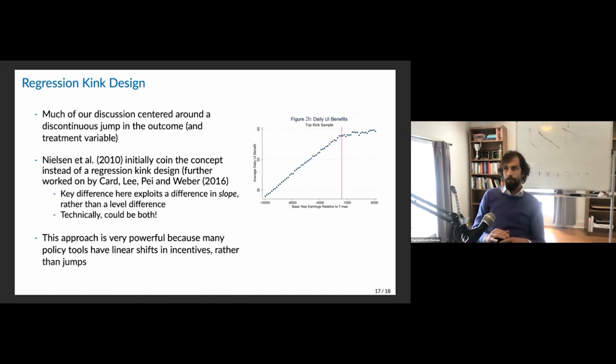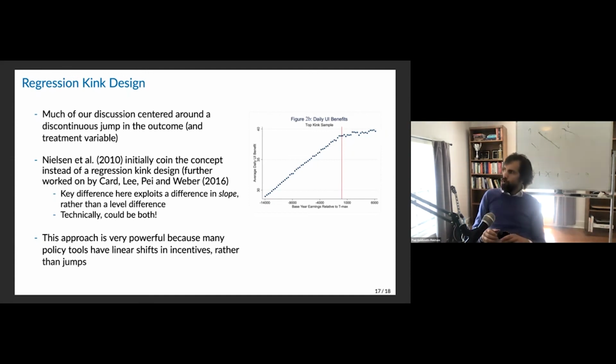So much of our discussion so far has centered around a discontinuous jump in the treatment, the idea being that there's some binary thing that turns on as you cross some threshold.